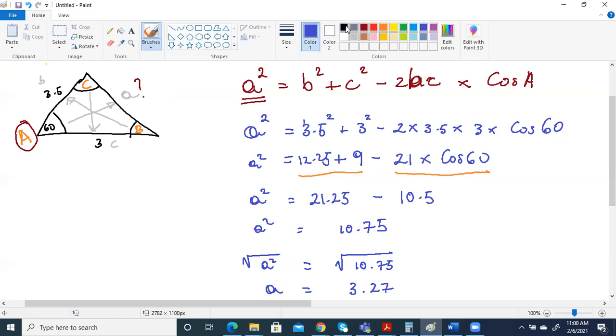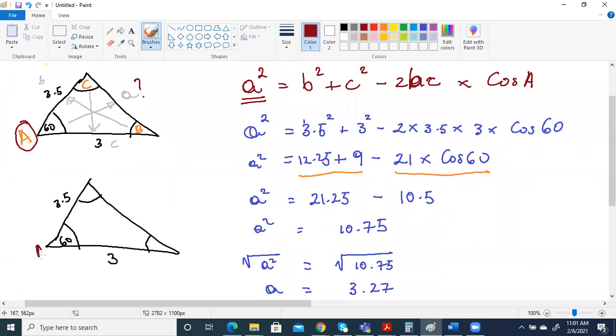Because that triangle looks a little confusing, I'm just going to draw it back and put in the information that we just got, right? So we use the 60. We said that this was 3, that was 3.5. We didn't know what that angle was, nor did we know what this angle was.